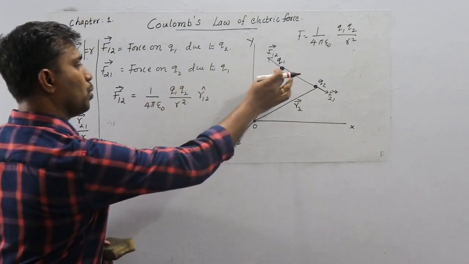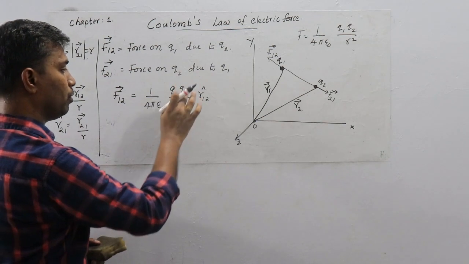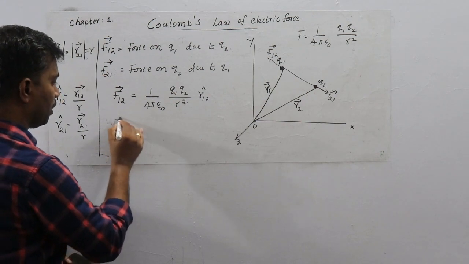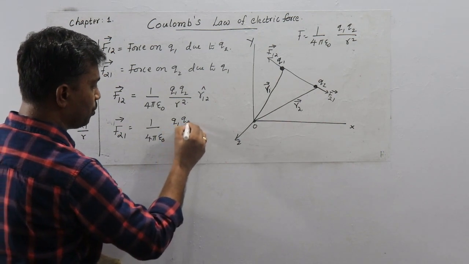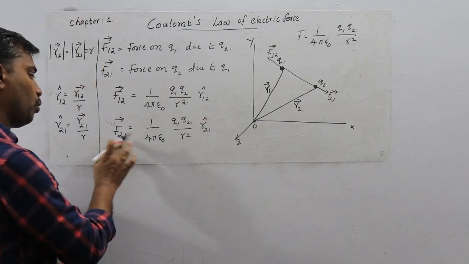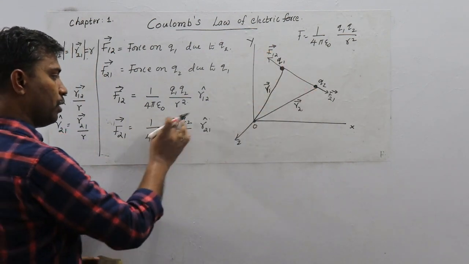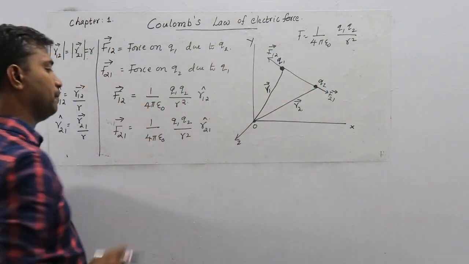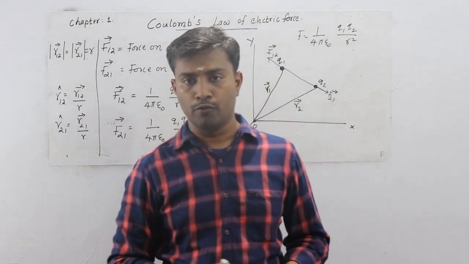So F12 is equal to 1 by 4 pi epsilon 0 Q1 Q2 by R square R12 cap. Similarly, F21 is equal to 1 by 4 pi epsilon 0 Q1 Q2 divided by R square into R21 cap. Here F21 is the force on 2 by 1, so the direction is R21 cap. So this is the vector representation of Coulomb's law of forces.